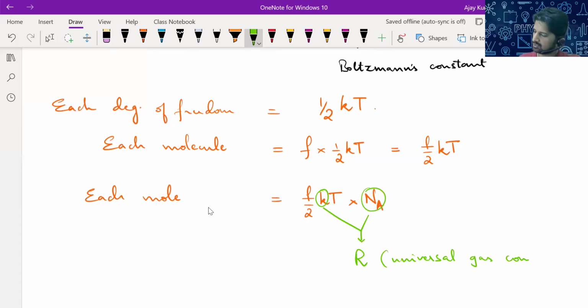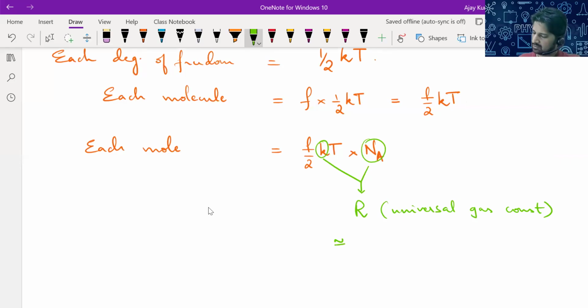This is called the universal gas constant and its value is approximately 8.314 joule per mole per Kelvin in SI units.